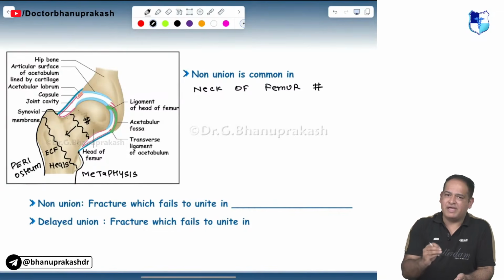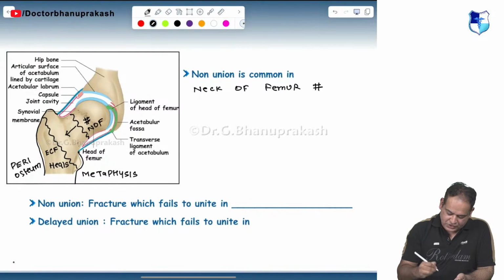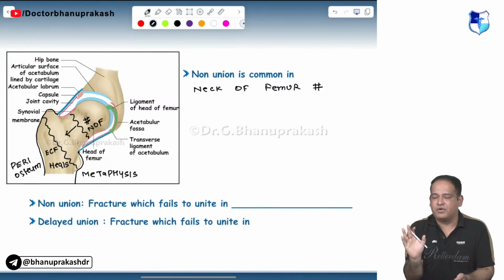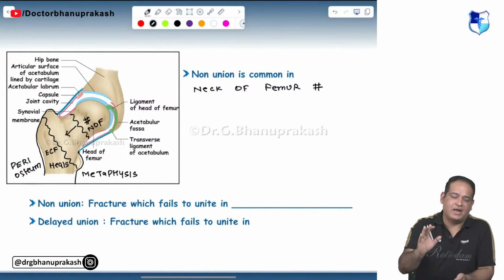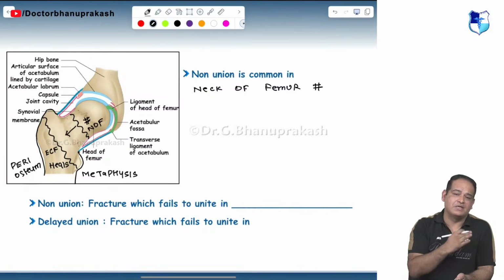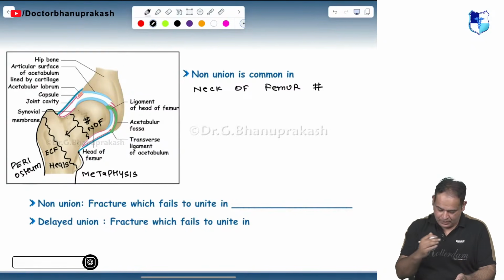Fine. A little calcium will help in healing of this fracture. But here, neck of the femur fracture, no help is coming from the periosteum because the periosteum is not there at all. Periosteum है ही नहीं, कहाँ से help करेगी? This is the importance of periosteum, right?